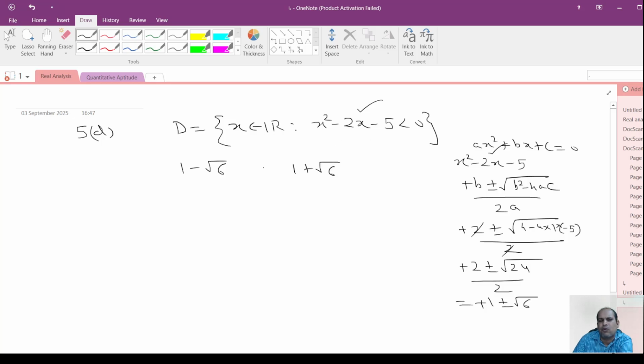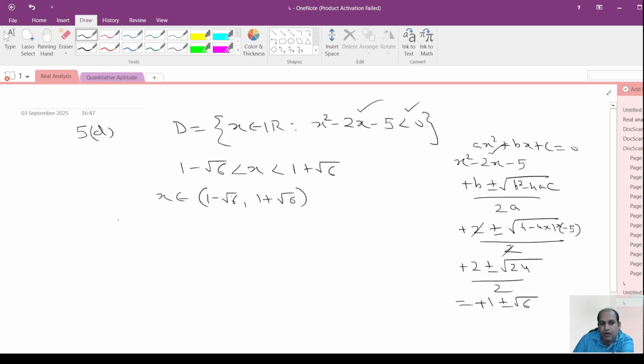Again this one is a parabola, and here we have strictly less than 0. So, the set lies within this interval, or one can write that x belongs to 1 minus root 6 to 1 plus root 6. We already know how to compute the supremum and infimum of such sets.